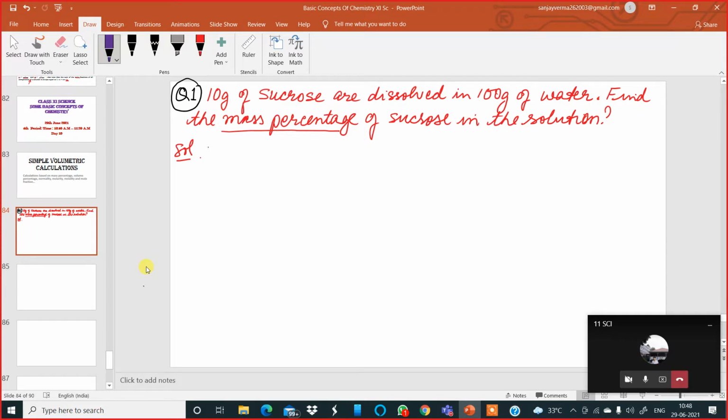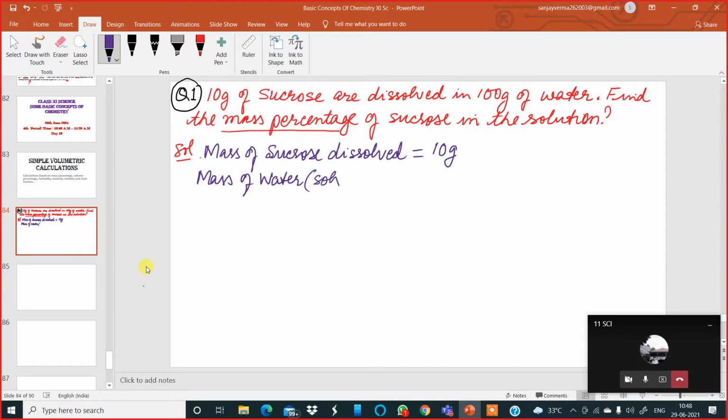Mass of sucrose dissolved is given as 10 grams. Mass of the solvent, mass of water, is given as 100 gram.